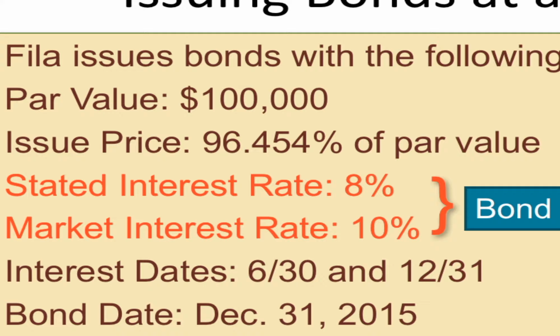We're discounting that back to the present day, and that's the difference between what's on the face of the bond and what they're actually going to give you for it.